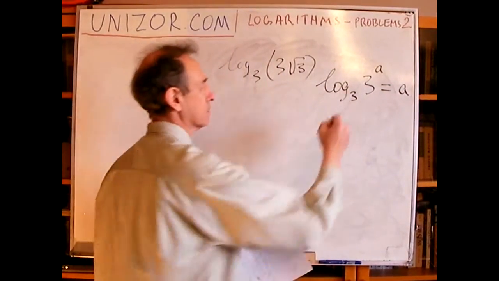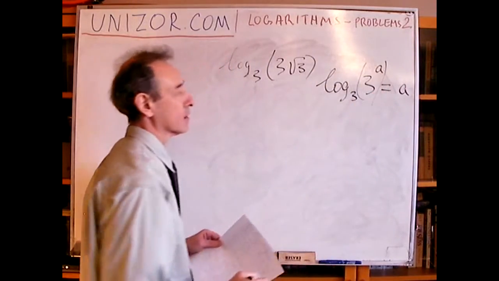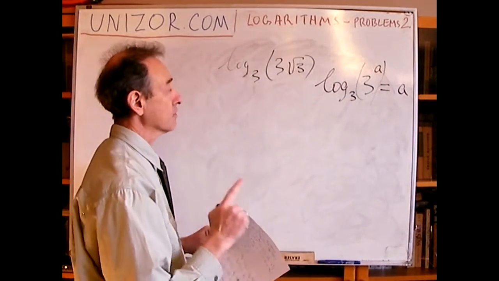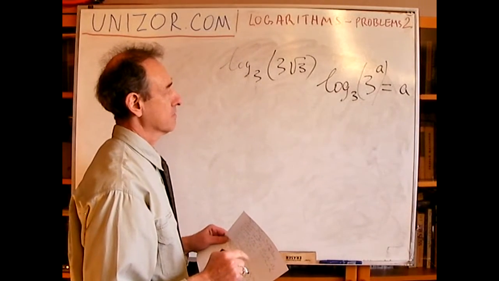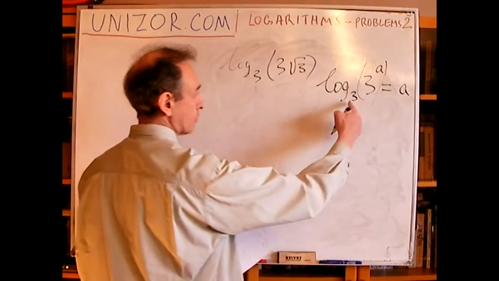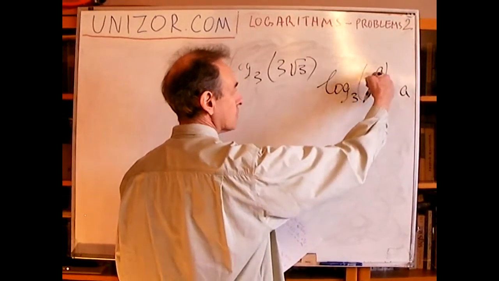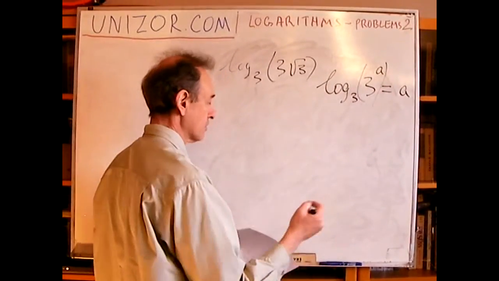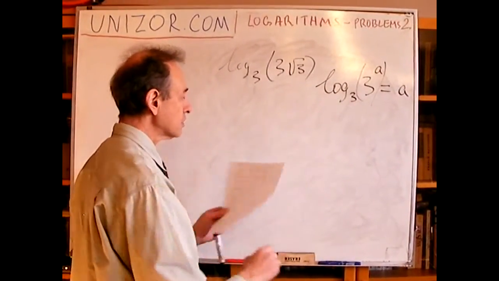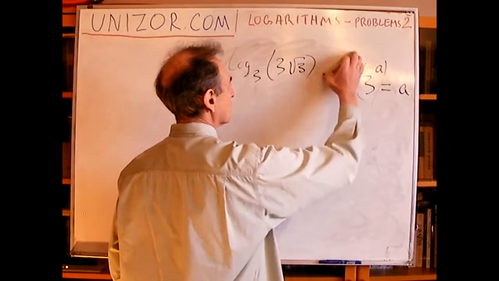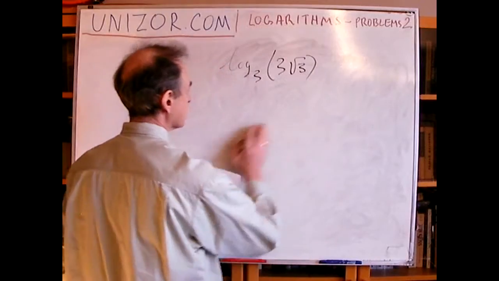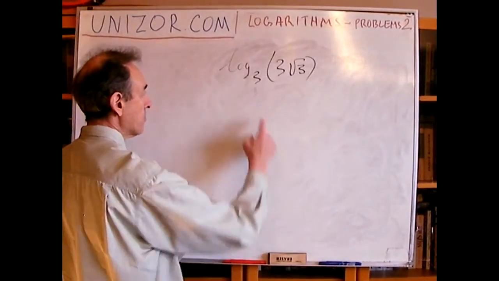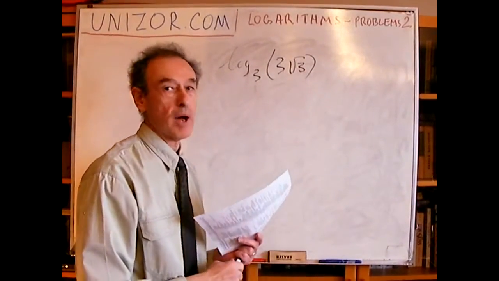We know that from theoretical lectures, and we talked about this many times. Because 3 to the power of a would be 3 to the power of a, right? That's the definition of the logarithm. So all we need to do is to transform the value in parentheses into the base to some power.